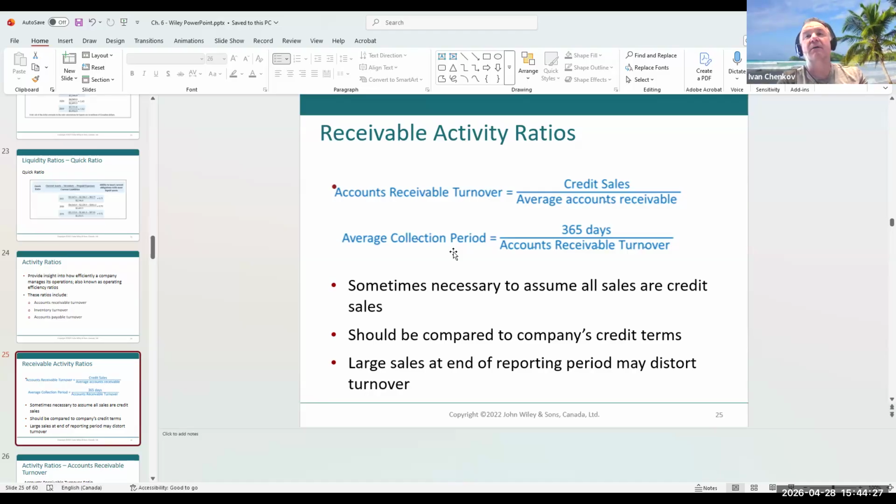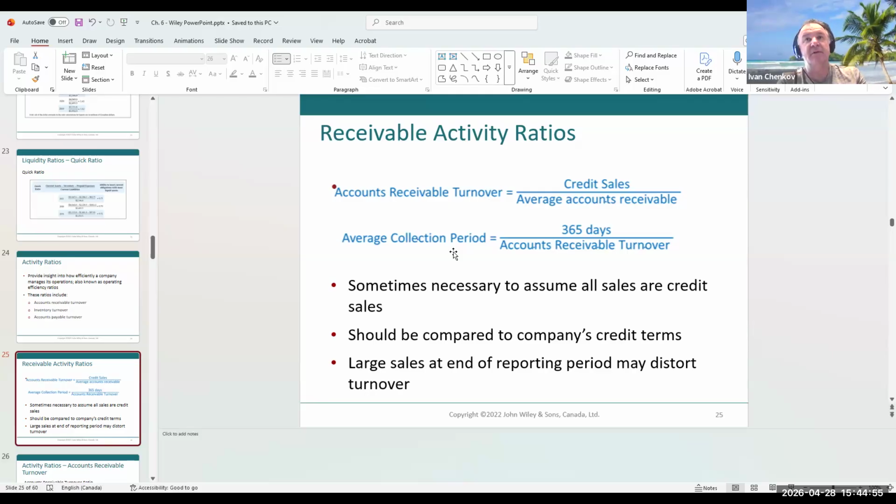If our accounts receivable turnover is 1, what does that mean to us? That simply means that the average collection period will be 365 divided by 1. Oh, it's going to be 365. That means we are collecting accounts receivable, or credit sales, only once a year. On every 365 days, we are collecting our accounts receivable.